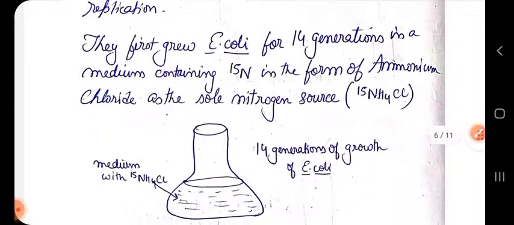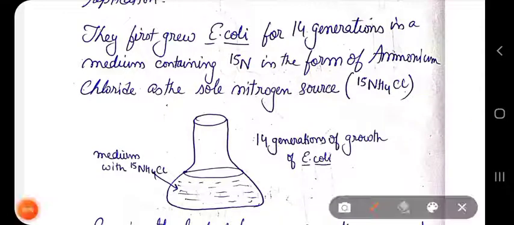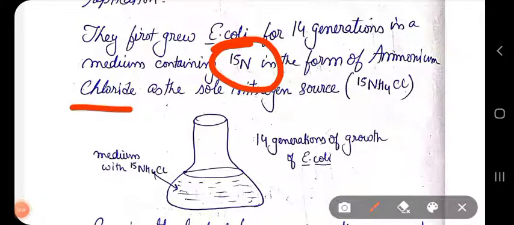First, they grow the E. coli for 14 generations in a medium containing ammonium chloride in the form of N15. This is the heavier form of nitrogen, you can see in the form of ammonium chloride, NH4Cl.